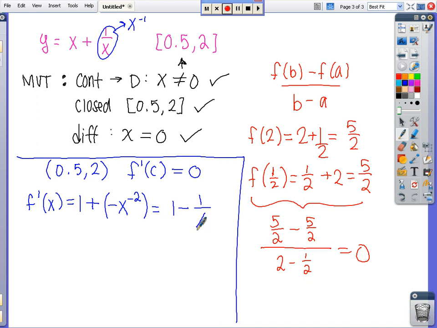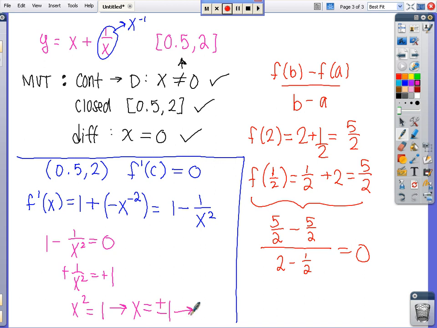We want to say that the derivative, 1 minus 1 over x squared, is the same as 0 at some x value. And so we get negative 1 over x squared equals negative 1, and then we can cancel the negatives. x squared equals 1, and we get that x equals plus or minus 1, but within the interval we can only use positive 1.